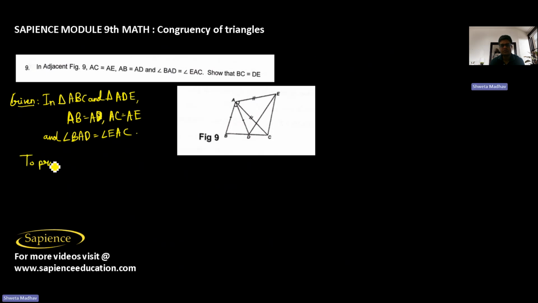We have to prove that BC equals DE. And then we have to write the proof.